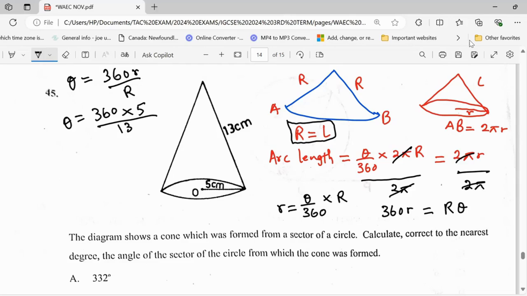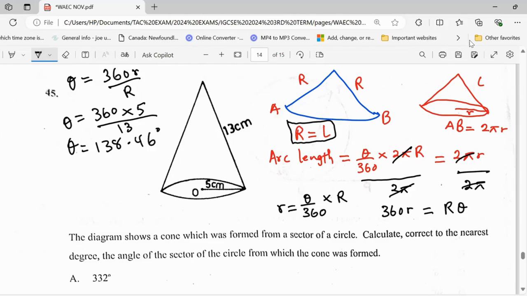So when we multiply 360 by 5, and divide our answer by 13, what will that give to us? It will give us 138.46. So we have theta equals 138.46 degrees.